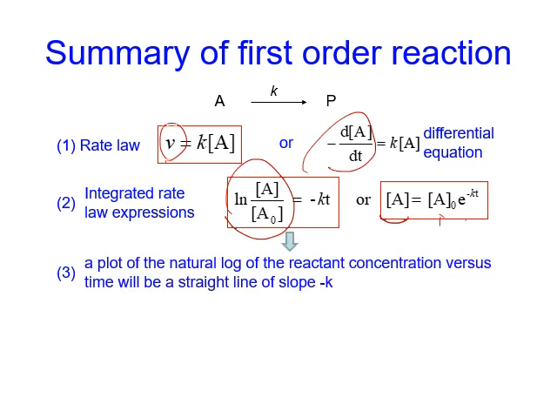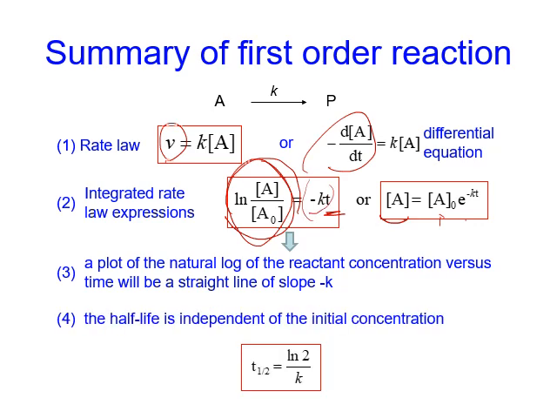If we plot natural log A over A naught versus time, you should get a straight line. The slope is negative k. And the half-life for the first order reaction is ln 2 divided by k, which is independent of the initial concentration.